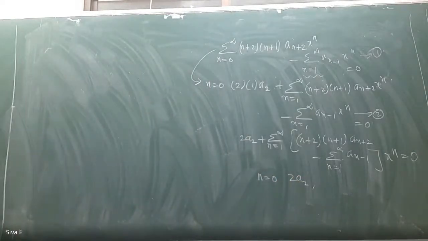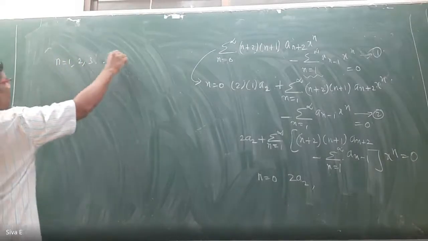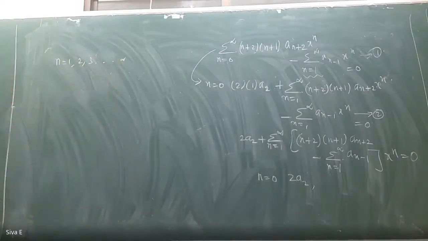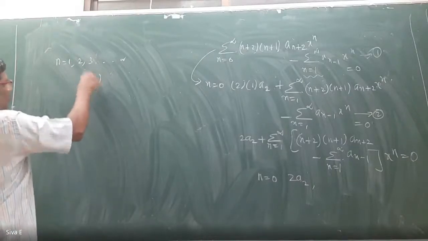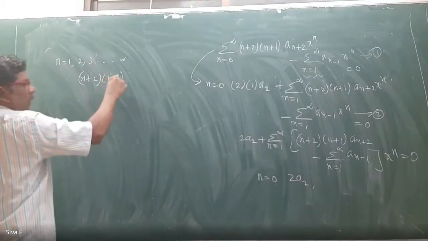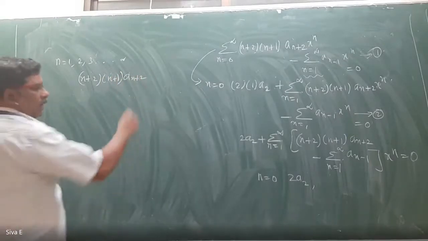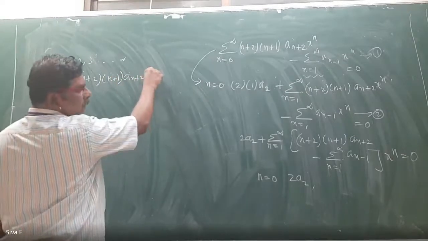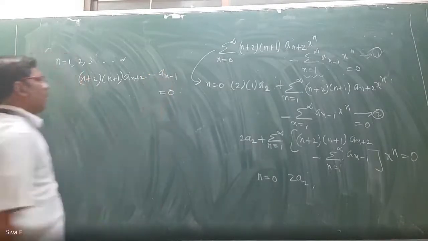When n equal to 1, 2, 3 up to infinity, n plus 2, n plus 1, a n plus 2 minus a n minus 1 equal to 0.